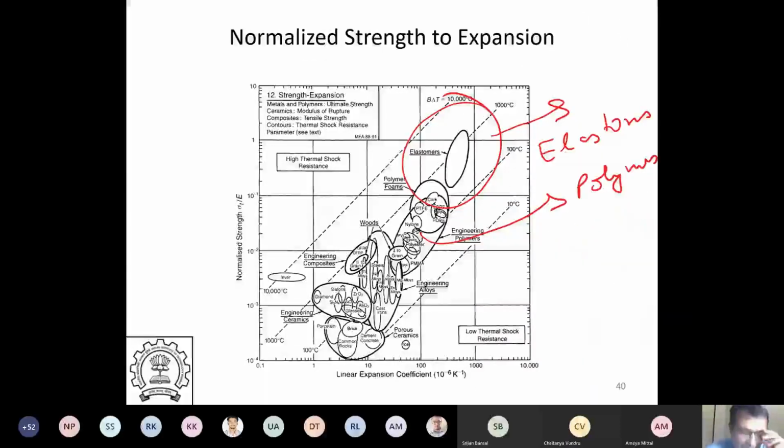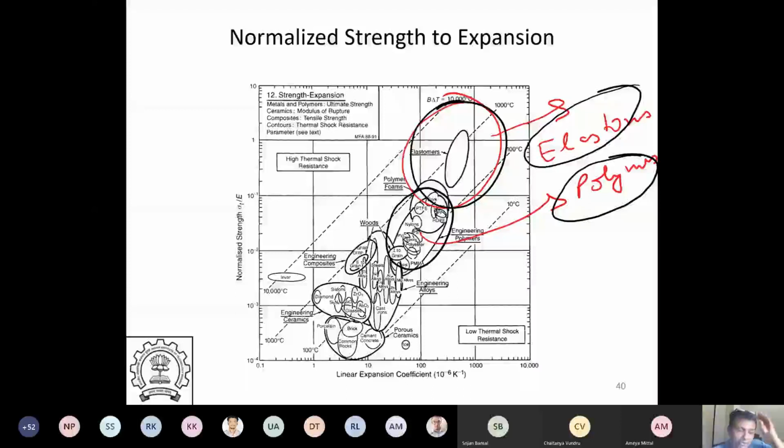So normalized strength to expansion, if you see. Now, strength to expansion, all of a sudden you have a very different beast here. You have elastomers and polymers, which are most preferred. So if you want a high strength to expansion ratio, then you have to use polymers and elastomers. If you want a lot of linear expansion, it's not just thermal, but it can be thermal expansion also, and it has very good thermal shock resistance.